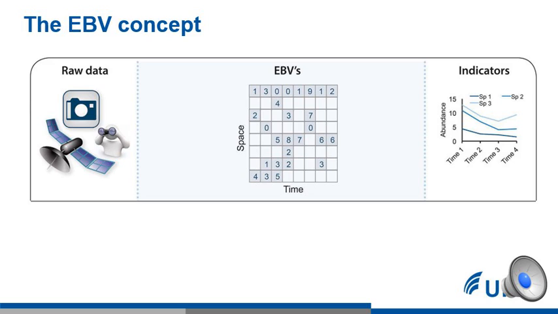So, for the moment, we have gone from the raw data to the indicators, leaving aside a huge amount of data and data sets, which we still need to capture, because otherwise we are not giving a clear, honest picture about biodiversity and trends in biodiversity. So that's where the EBVs come in.